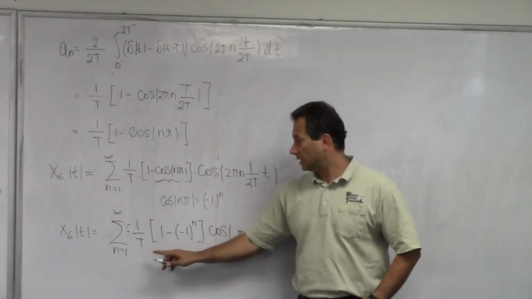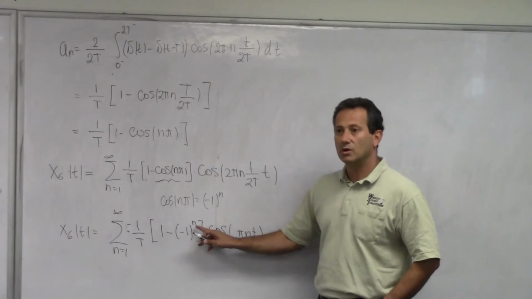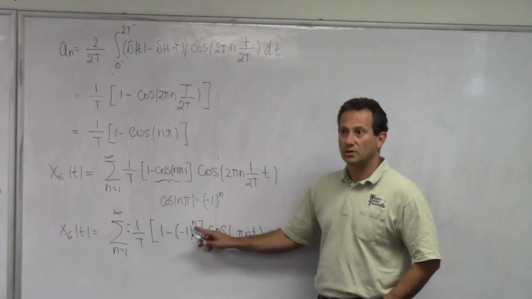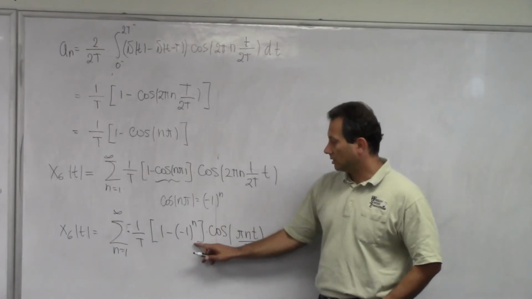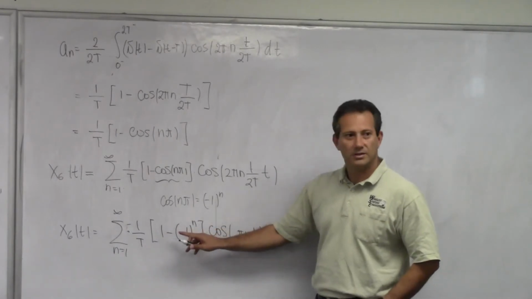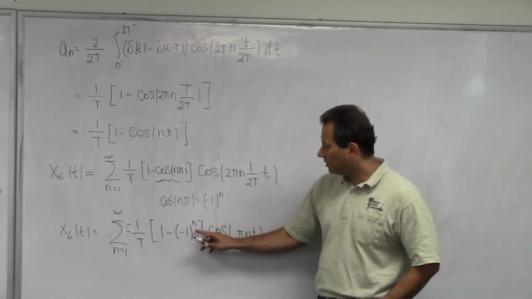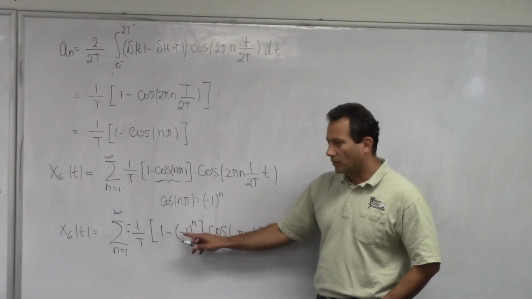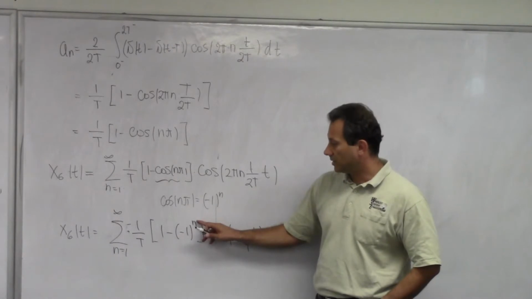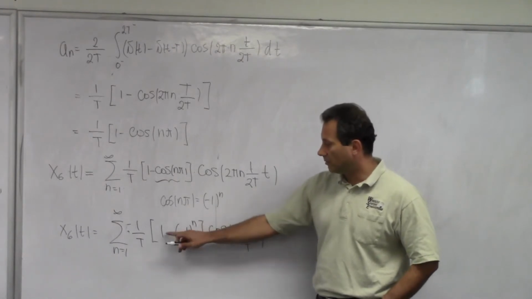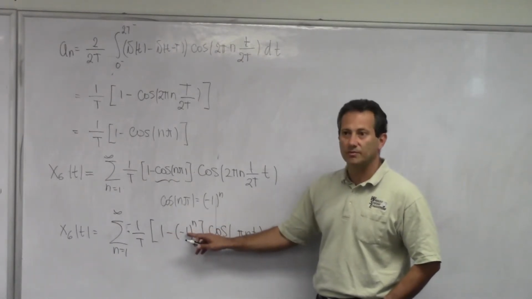When n is even, for n equal to 2, 4, 6, and so on, this becomes 0. When n is odd, so for 1, 3, 5, and so on, -1 to the odd number is -1, and 1 minus -1 is 2.